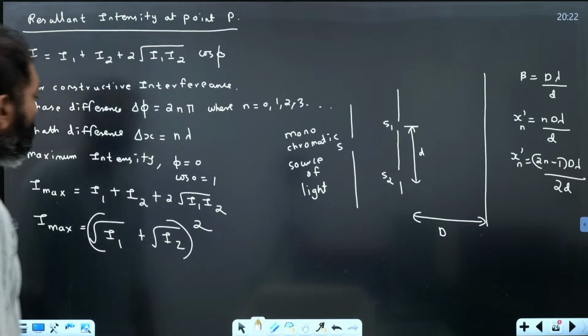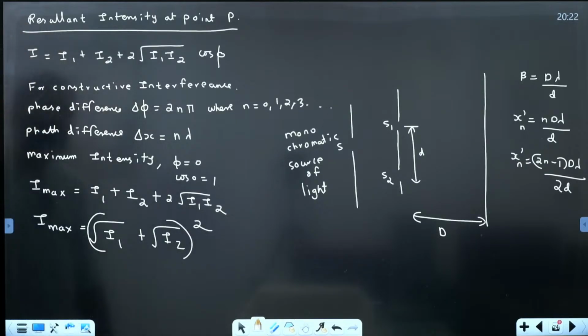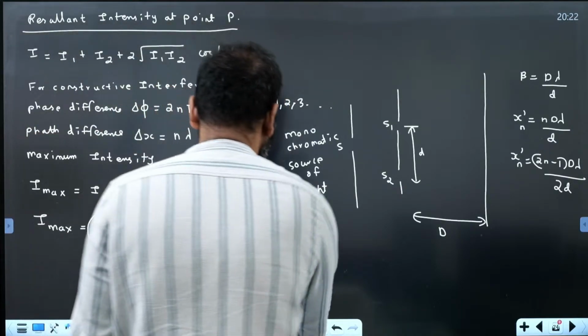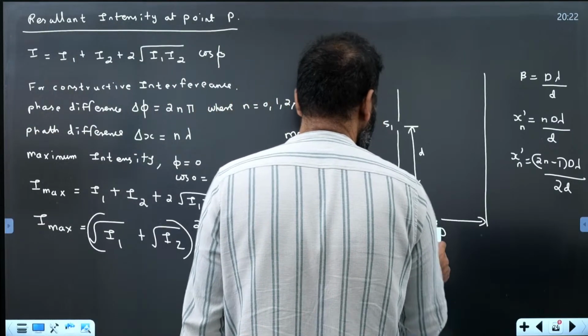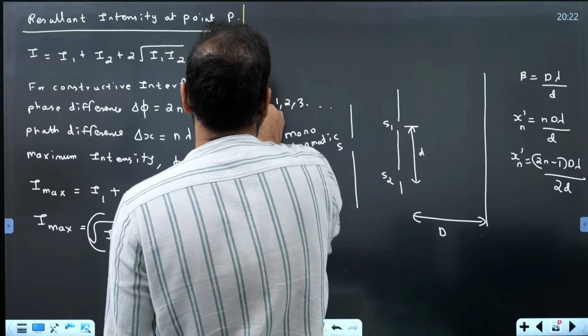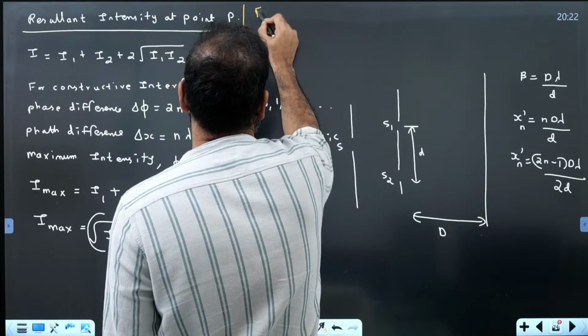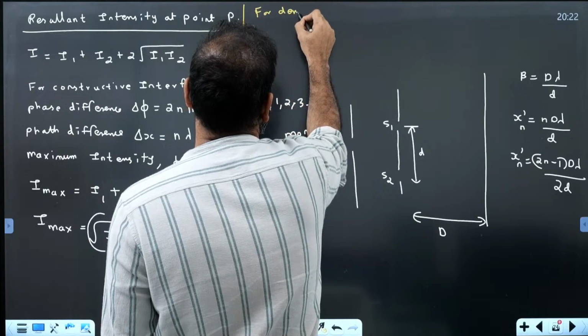Now similarly, minimum intensity will be what? Yeah, note down. Okay, I should write. I use another color. I'm writing here for destructive interference.